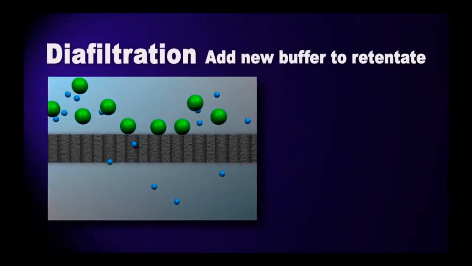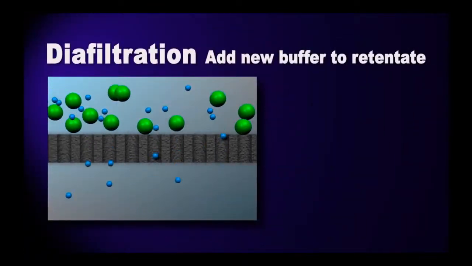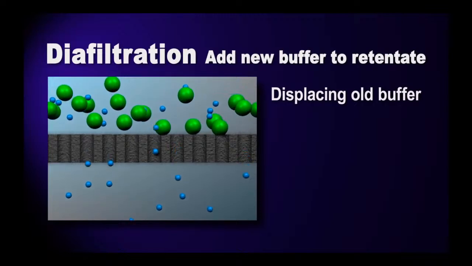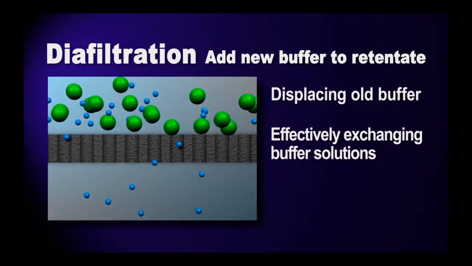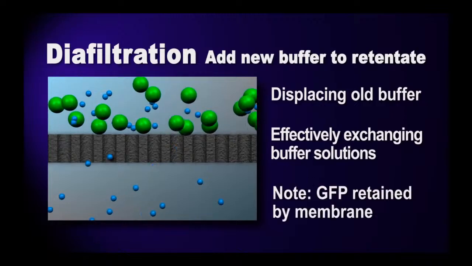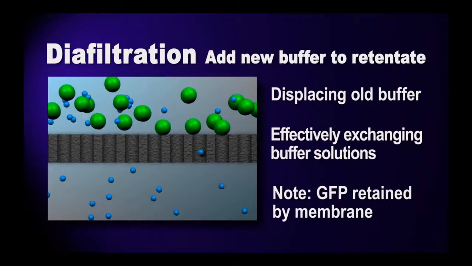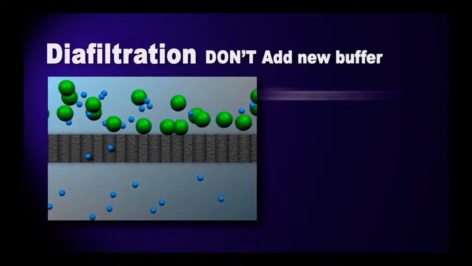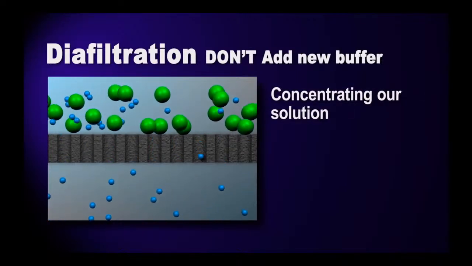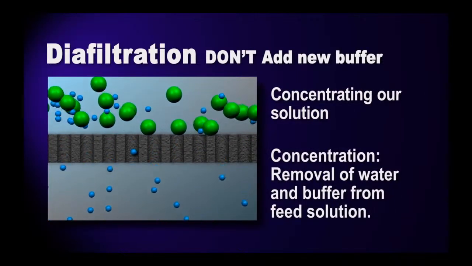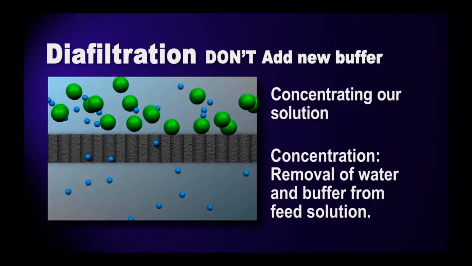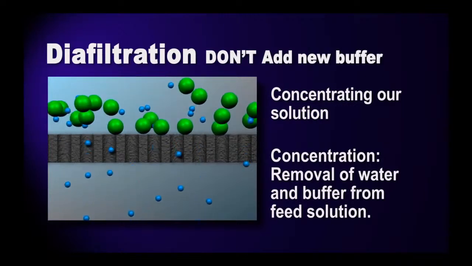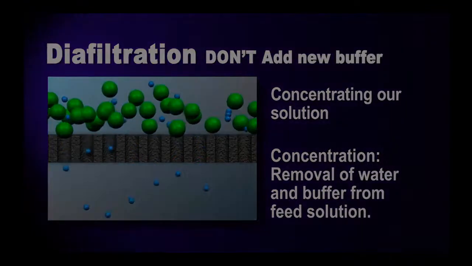In diafiltration, we add new buffer to the GFP retentate while displacing the old buffer, effectively exchanging buffer solutions. Note, the GFP is retained by the membrane. If we don't add a new buffer, then we're concentrating our solution. Concentration is simply the removal of water and buffer components from the feed solution that results in a more concentrated solution of green fluorescent protein.